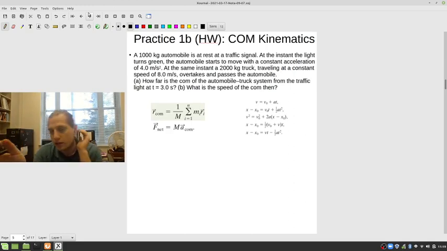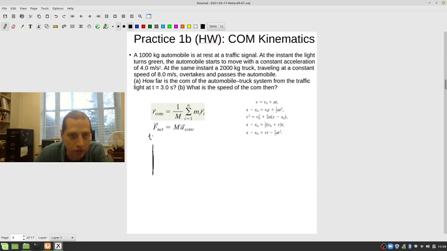All right, now, as we said last time, the thing that's special about the center of mass is that it acts like a particle. And I believe the problem I gave you last time was a little bit complicated. So let's try this one, which is in your homework. I think this one is a little bit easier to understand. Now, here's the story.